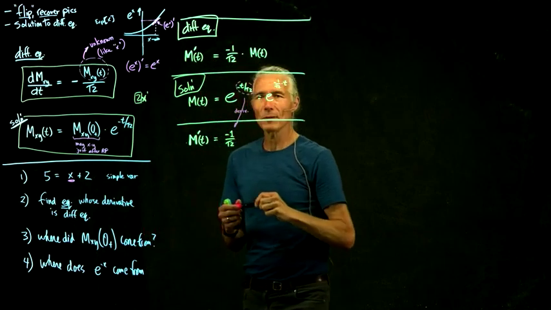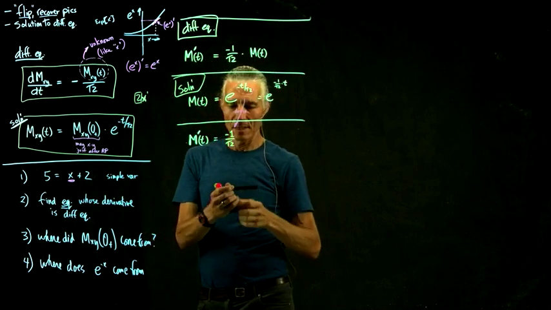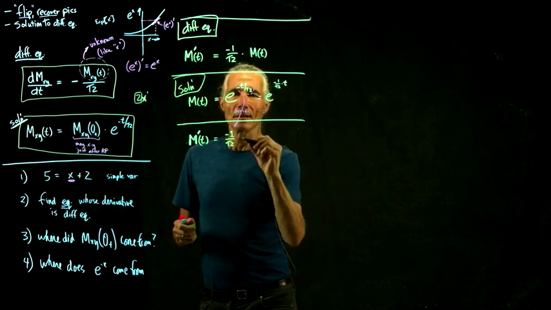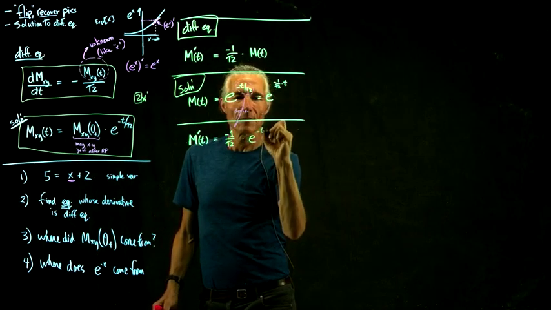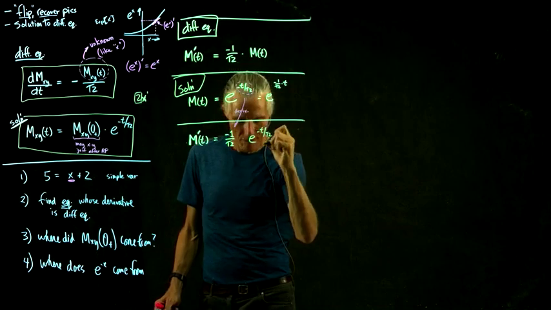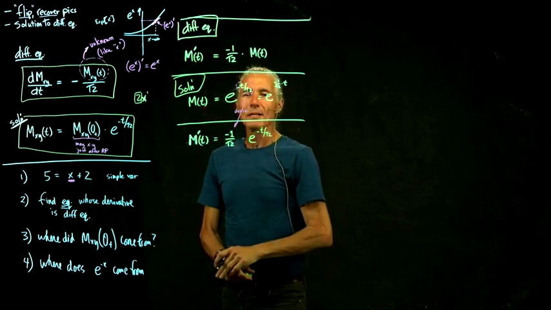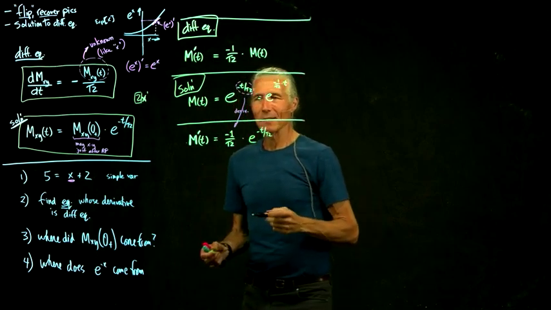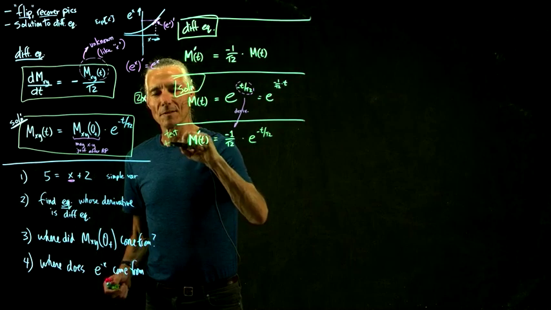And then we multiply by the whole thing, times e to the minus t over t2. So this is the test, take derivative.